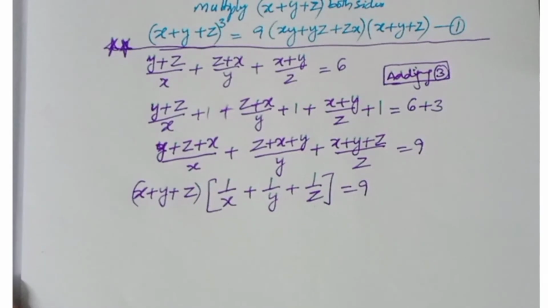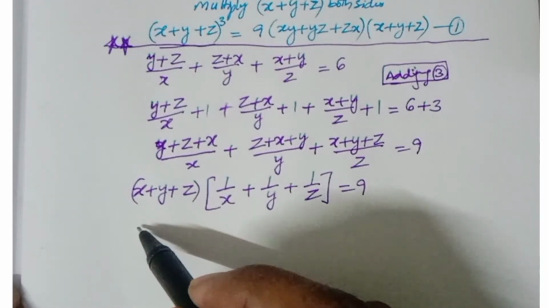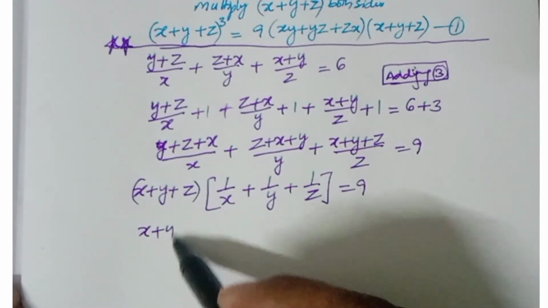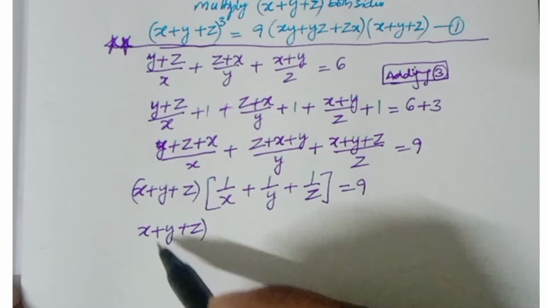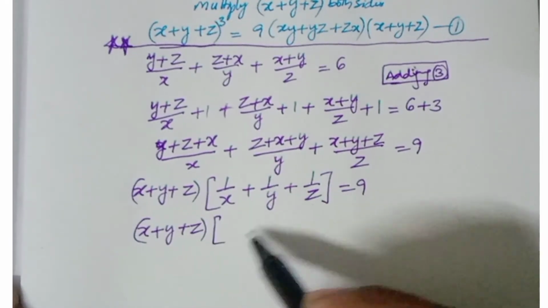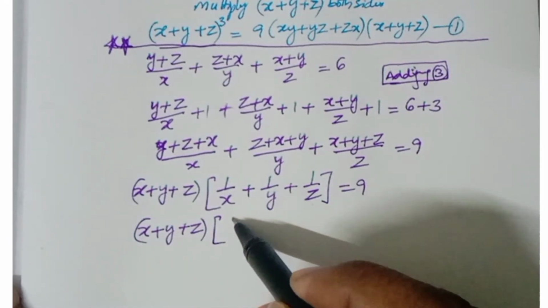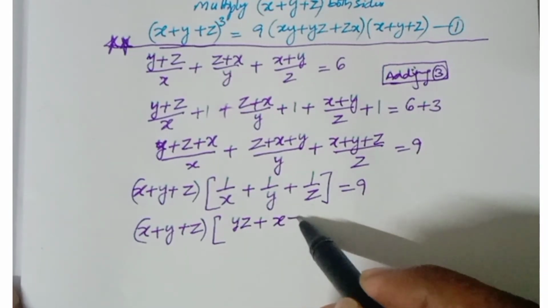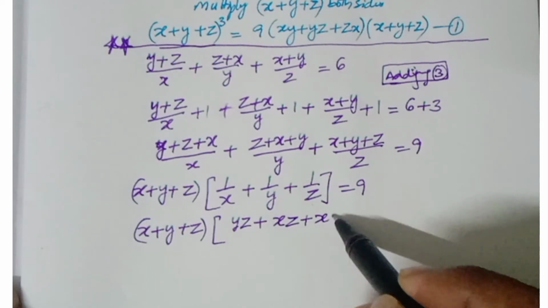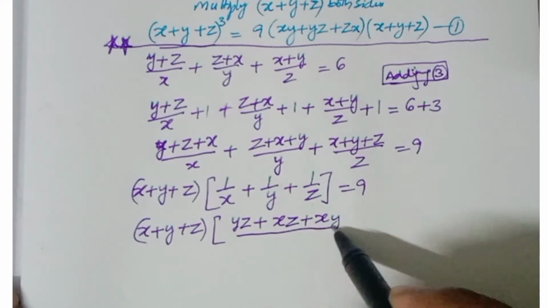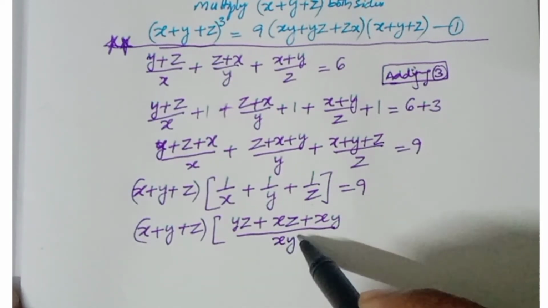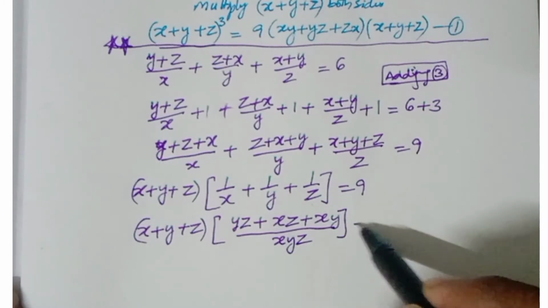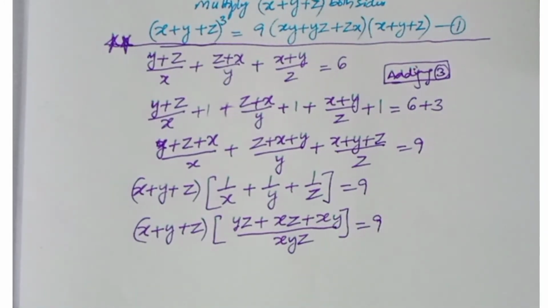Now if you take LCM here, (x + y + z)(yz + xz + xy)/xyz = 9.